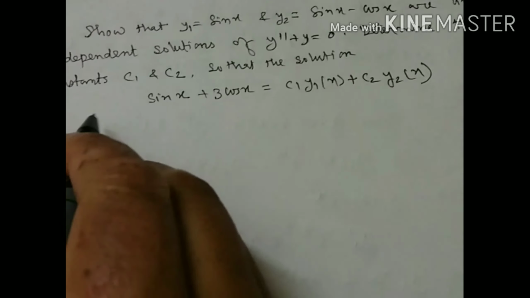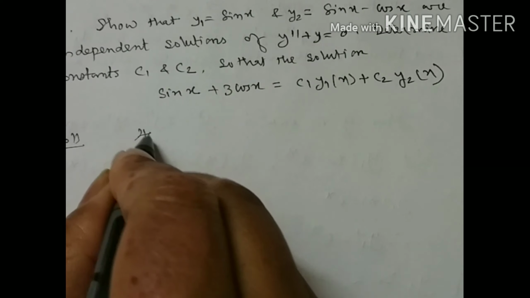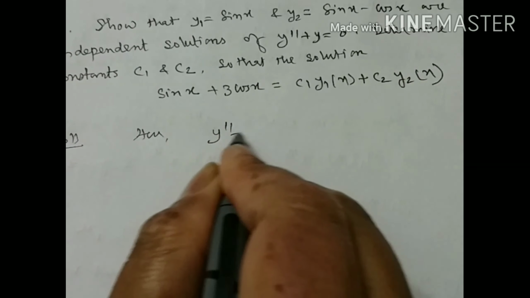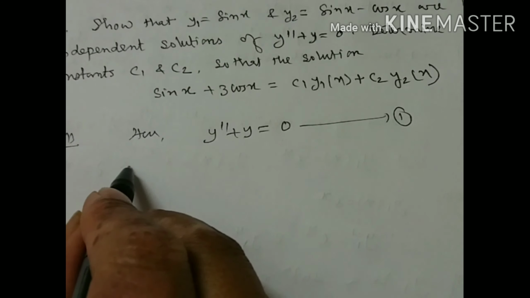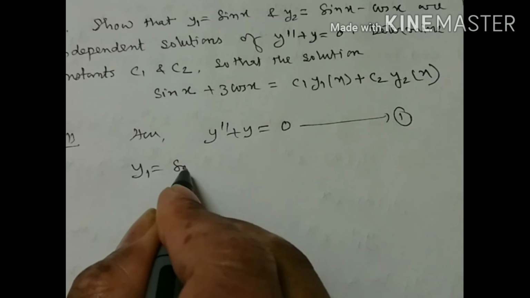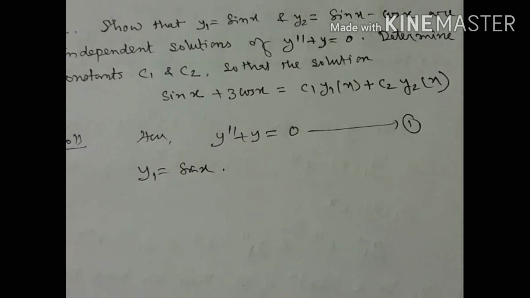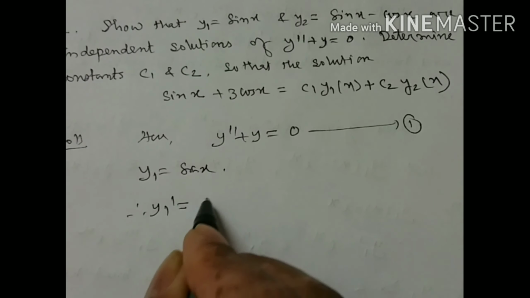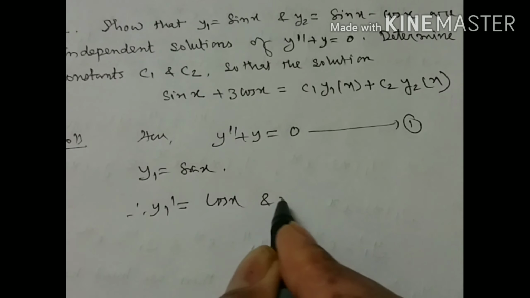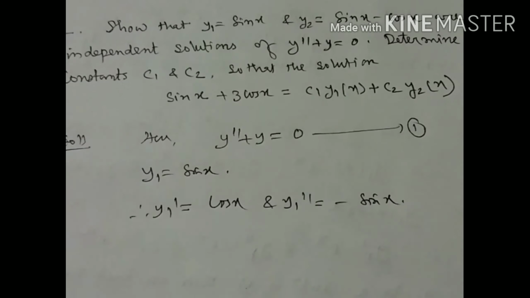The problem is similar to the previous one. Here the given equation is y double dash plus y equal to 0. We are marking it 1. So y1 equal to sin x. Therefore y1 dash, the differentiation of y1, equals cos x, and y1 double dash equals minus sin x.